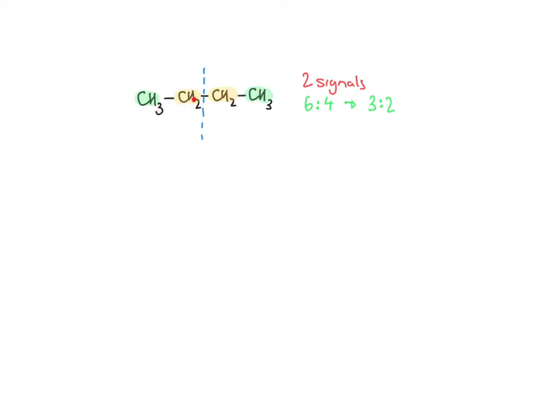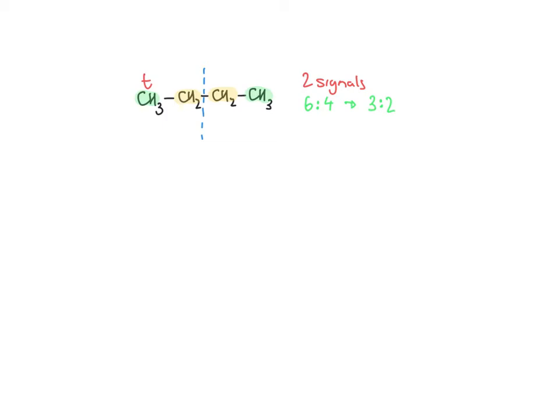So how many hydrogens are in this environment? There are 2. And the splitting is the number of hydrogens in those adjacent environments plus 1. So the splitting pattern for this signal would be n plus 1, 2 plus 1, which is 3, which means a triplet.